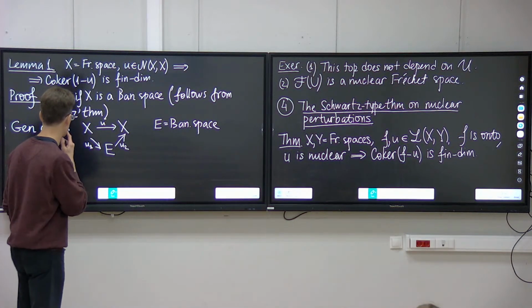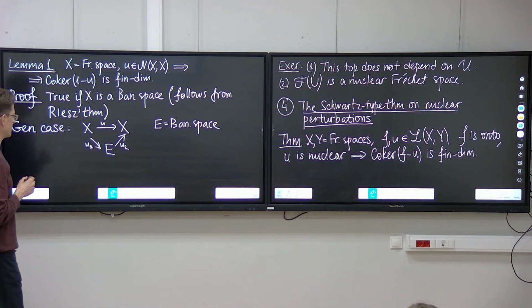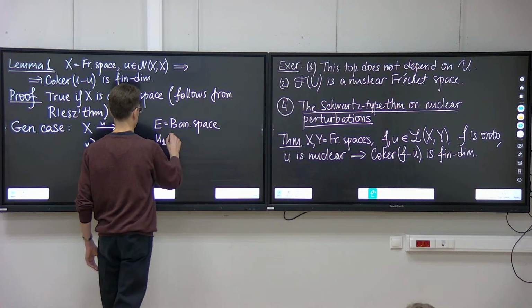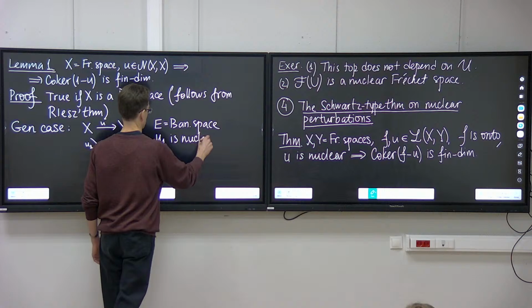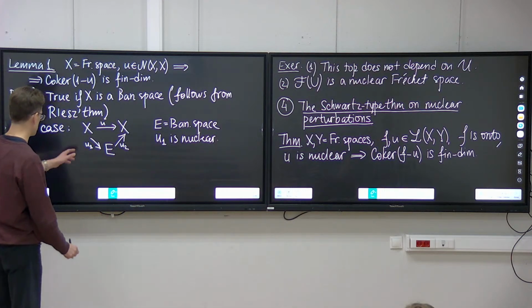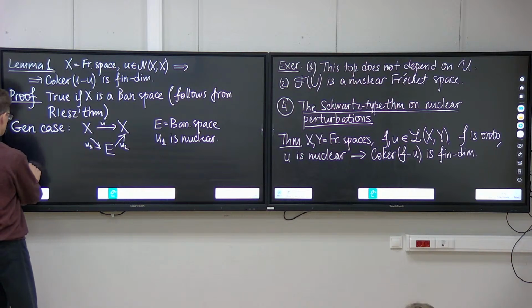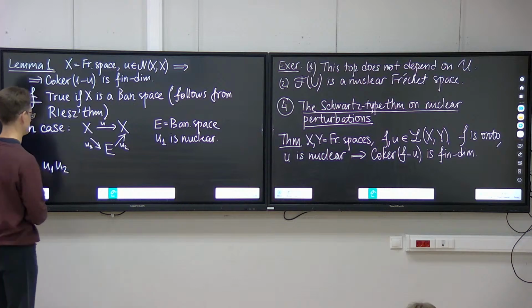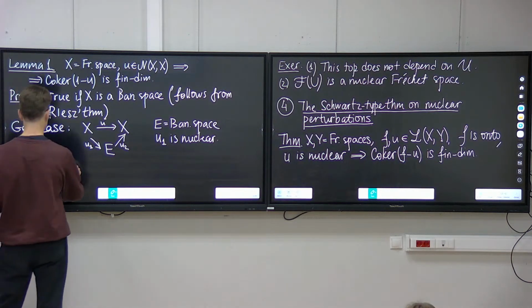And we may assume that either U1 or U2 is nuclear; let's assume that U1 is nuclear. And let's consider the operator V on E, which is U2 U1. This is a nuclear operator on E.